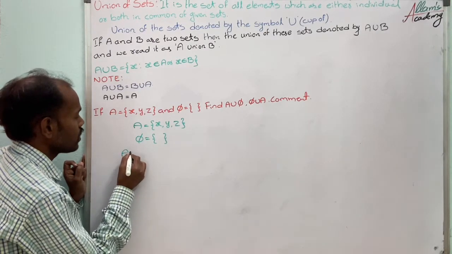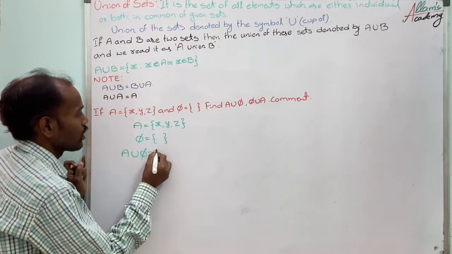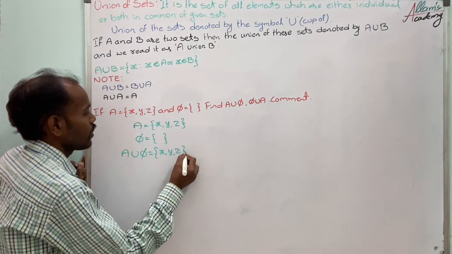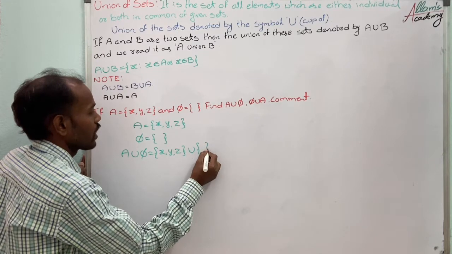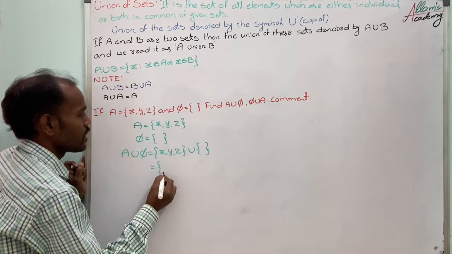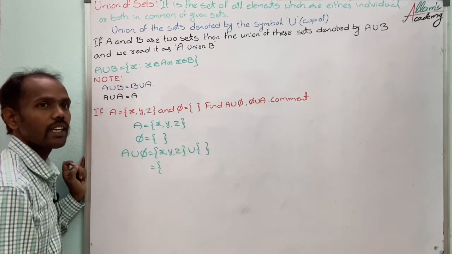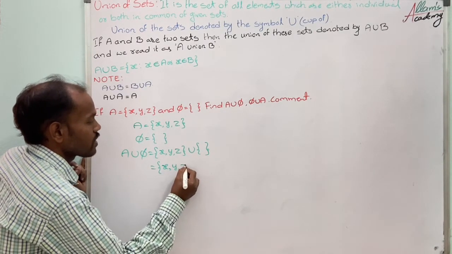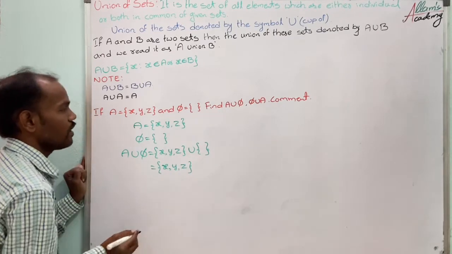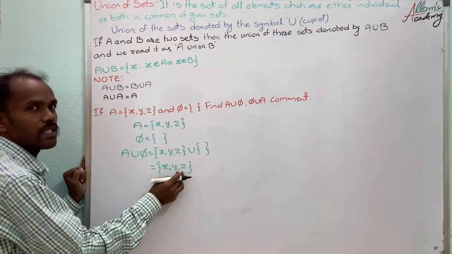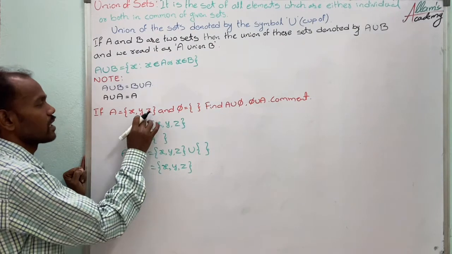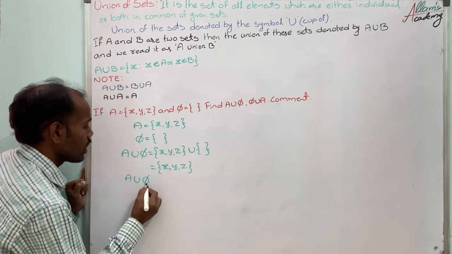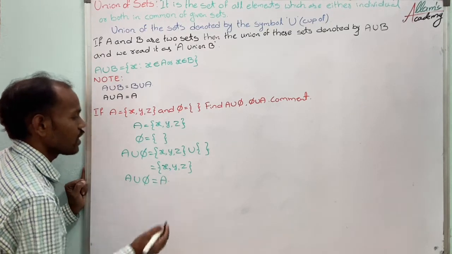Now A union phi equals {x, y, z} union the null set. Null set means there is no element, so we directly take the elements x, y, z. These are nothing but the given set A only. So A union phi is equal to A.